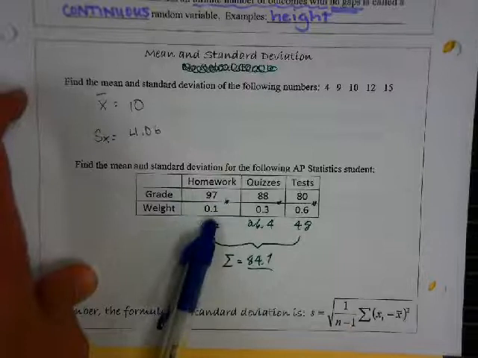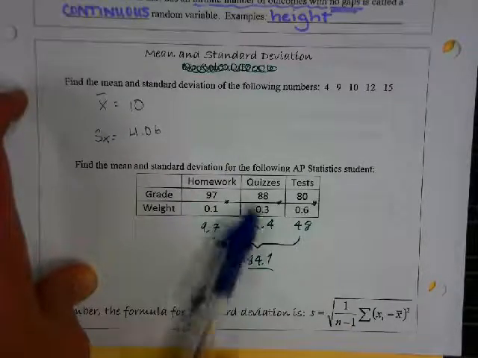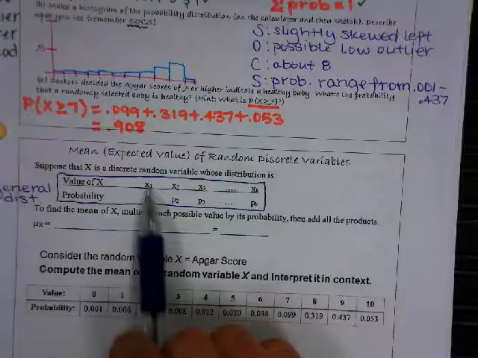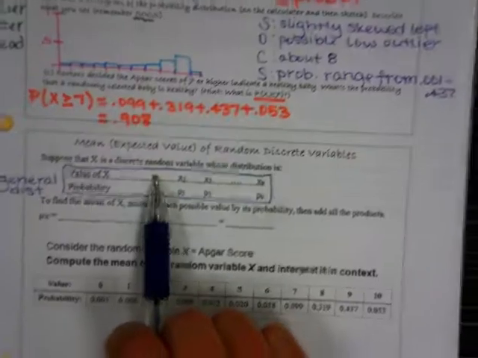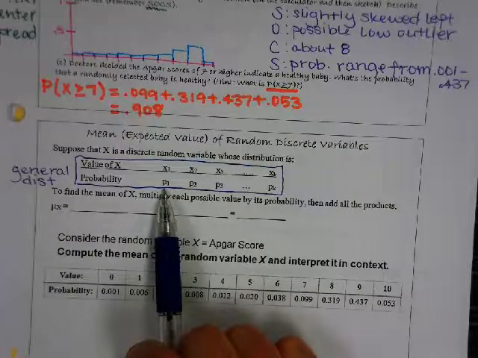We would take this value of x, x sub 1, and multiply it by its probability, p sub 1, and then add it to those two being multiplied, add it to those two being multiplied, so that we can find the mean of x.